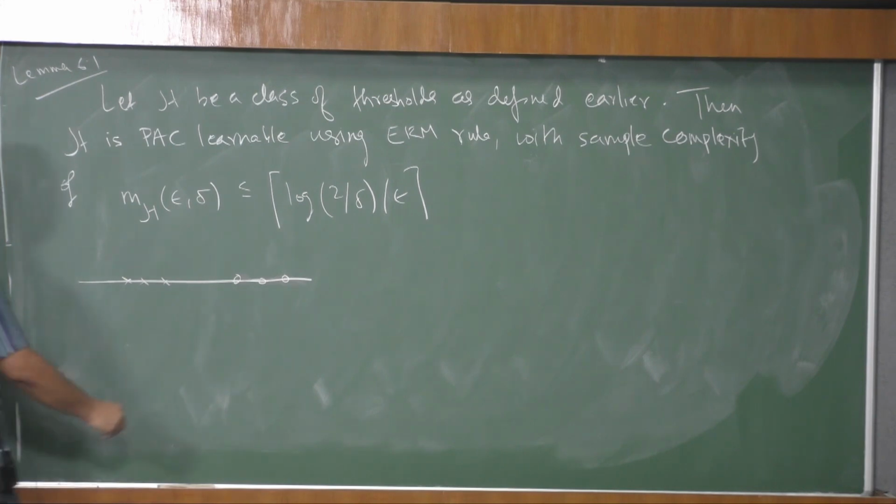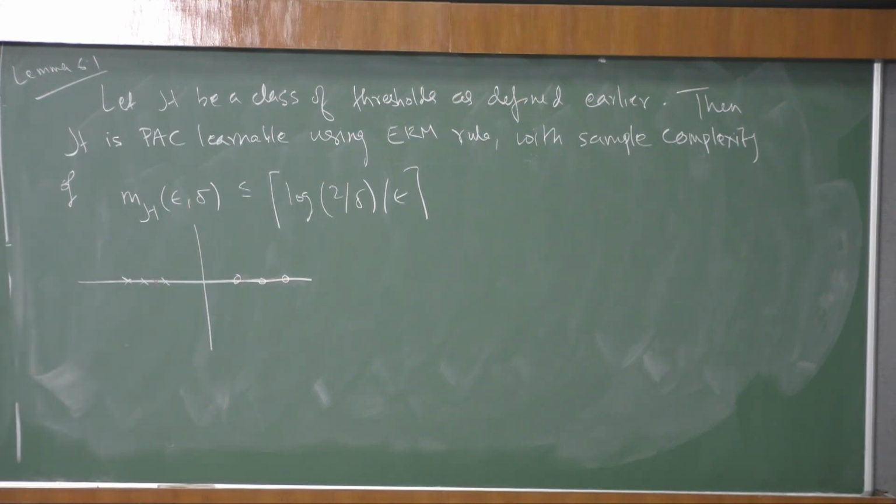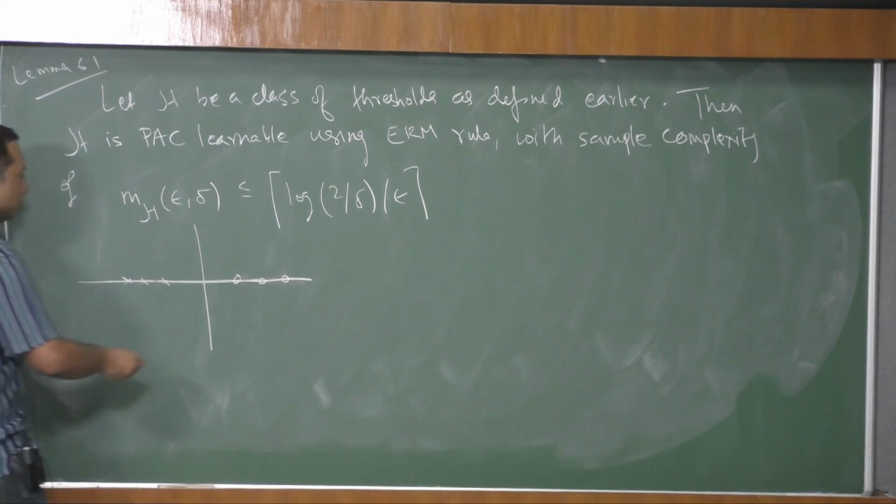So basically you want a cutoff somewhere. In future the test data could be here. Depending on the coordinate of that, your threshold function that you learned during training will say, oh, you belong to this class. It may happen the other way also.